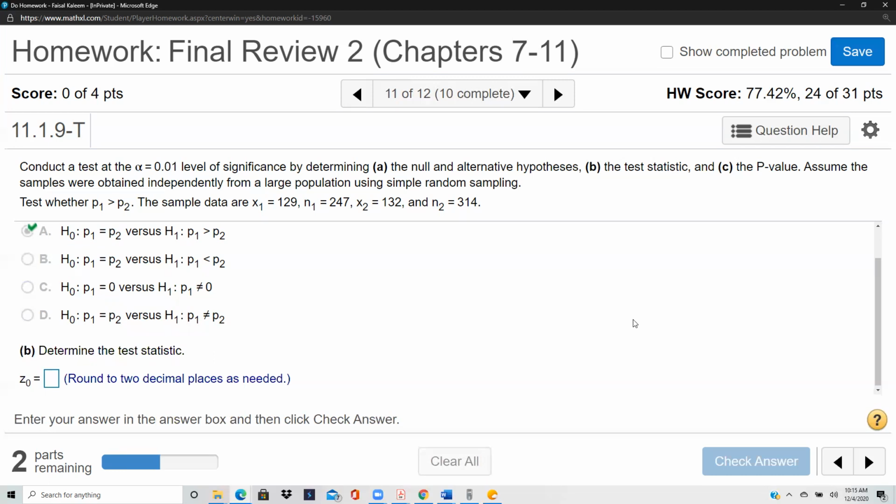All the rules are still the same. What are we testing?